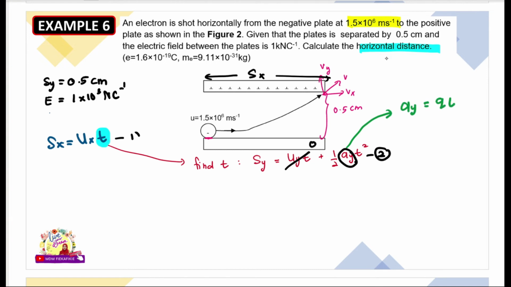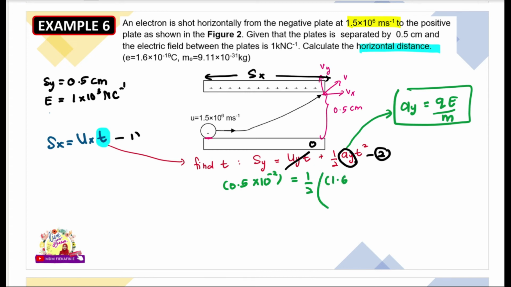Where AY is equal to QE over M. Okay. Kena tahu yang ini. Okay. Nak masukkan terus pun boleh. So, kita boleh gantikan terus. SY adalah 0.5 cm. Okay, tukar kepada meter. Okay. Half AY kita adalah QE over M. So, Q dia adalah charge of the electron.